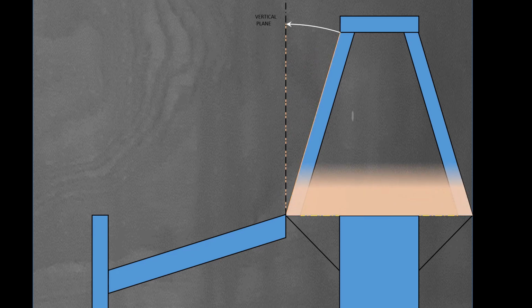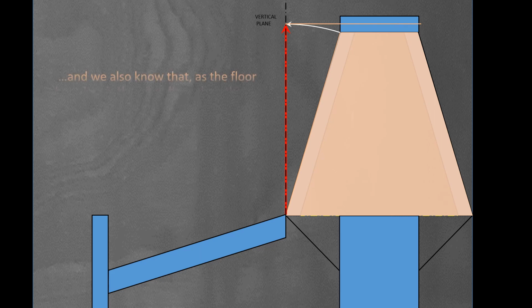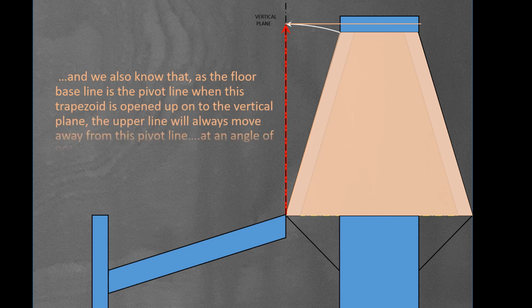And we also know that as the floor baseline is the pivot line, when this trapezoid is opened up onto the vertical plane, the upper line will always move away from the pivot line at an angle of 90 degrees. This point is worth remembering for future developments. Once you establish what the pivot line is, you know that everything will move away from that line and it will move away at 90 degrees.